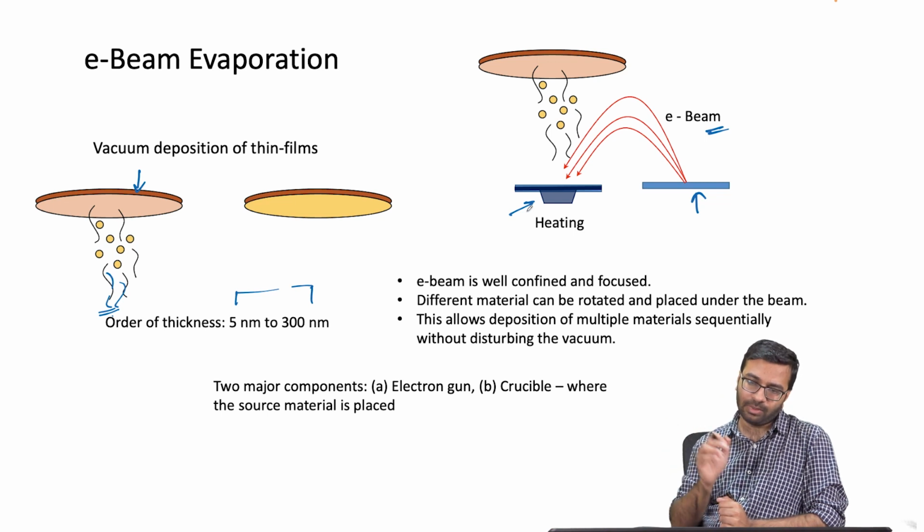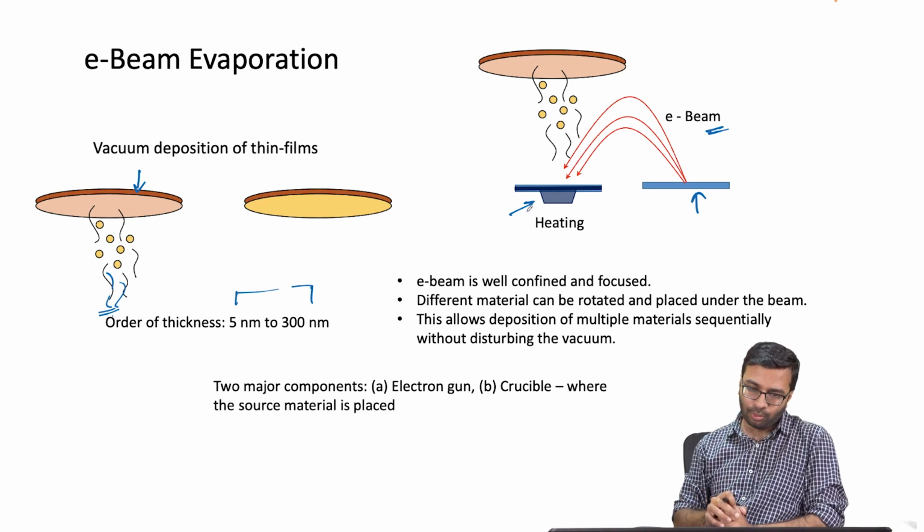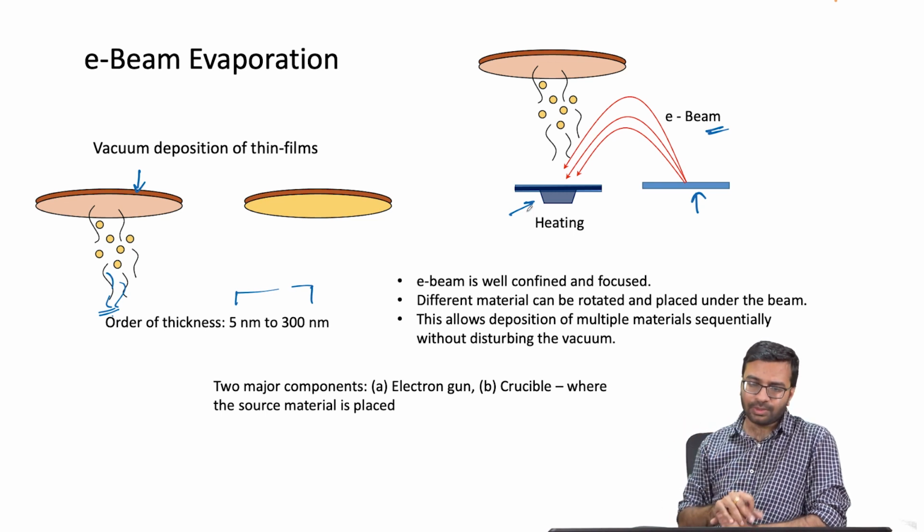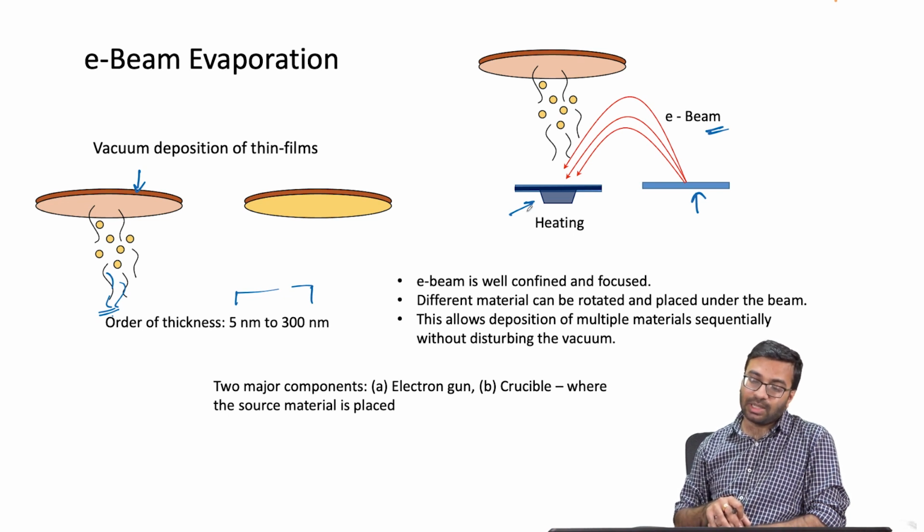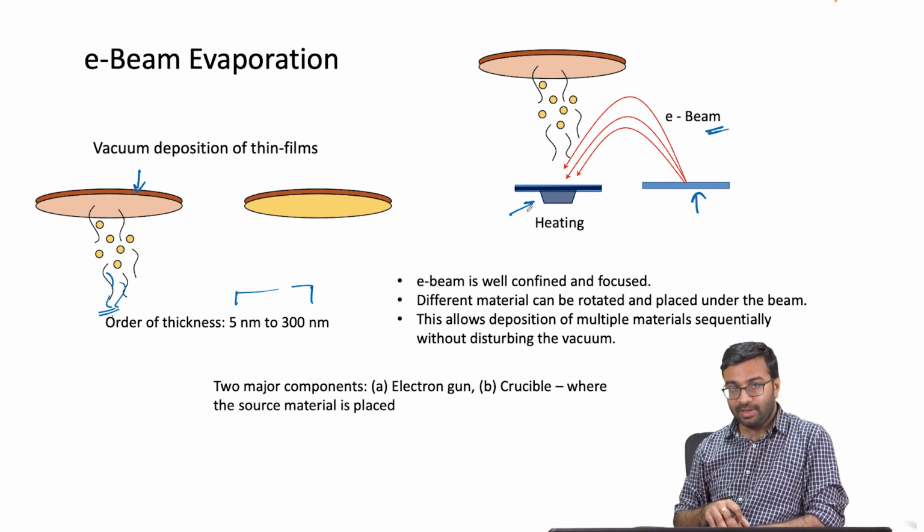You'll have an electron beam source and a crucible, and then electron beam is also very focused to that particular material only. Then different material can be rotated and placed under the beam, which is a very big advantage of this process.